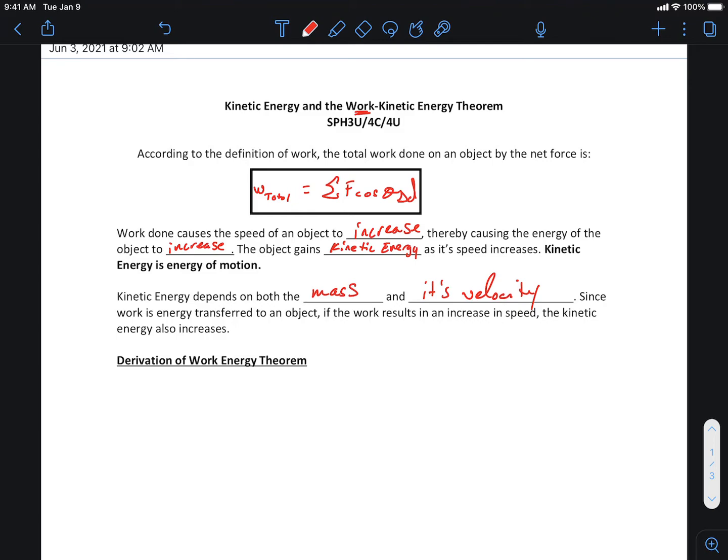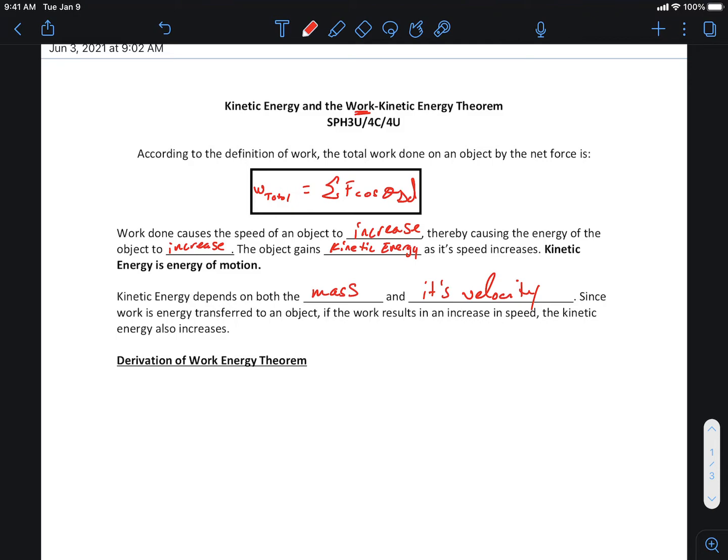If the work done on the body causes acceleration, then the speed will increase, and the kinetic energy will go up because it's moving faster.